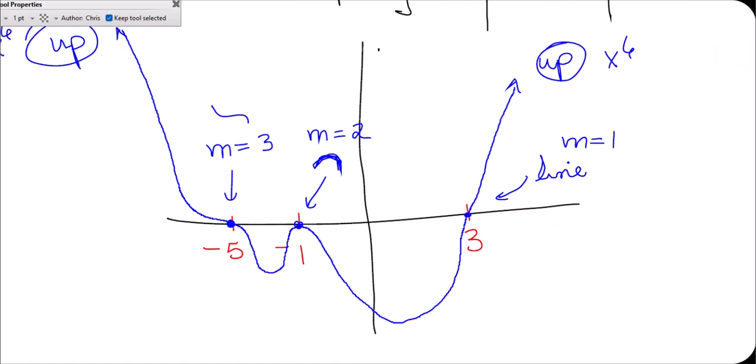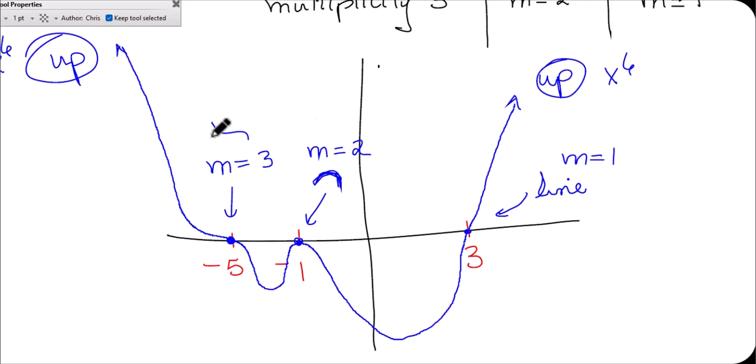Let's see, it is x to the 6th. So left side is up, right side is up. We are crossing at minus 5, minus 1, and 3. Multiplicity 3, 2, and 1.